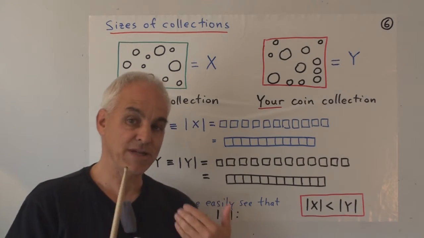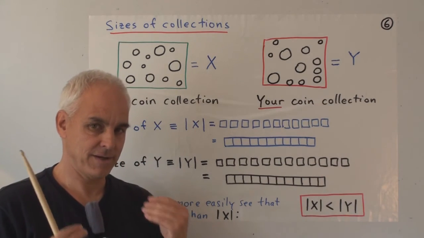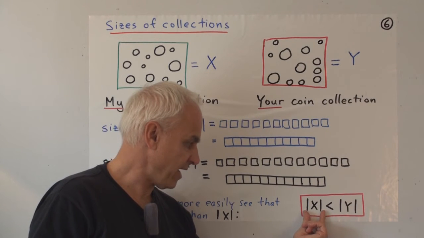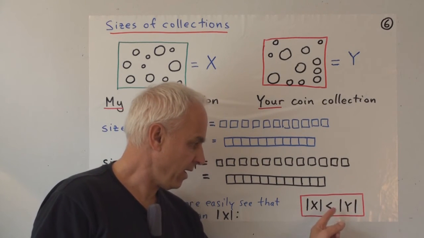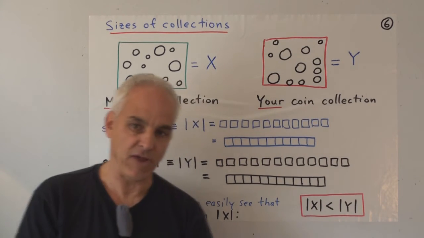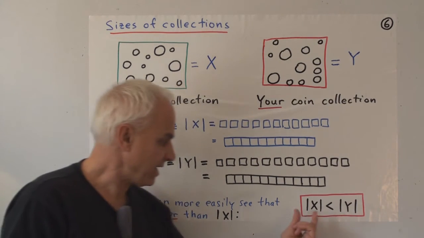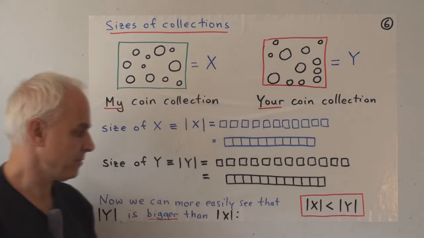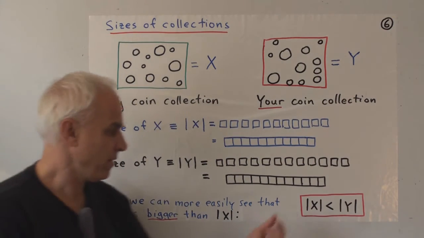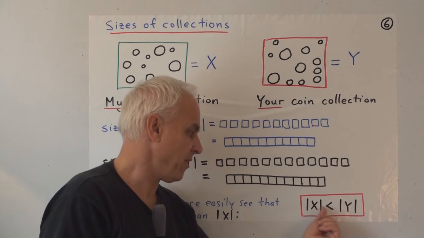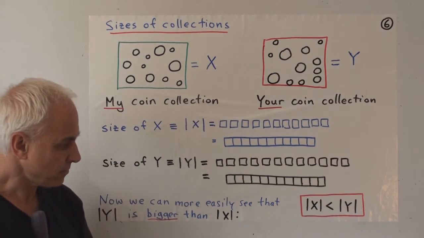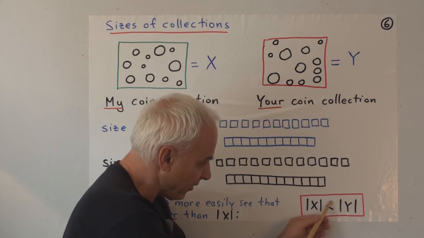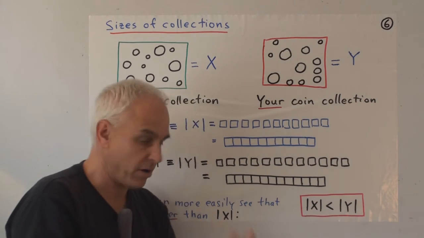And we're going to introduce some notation for that sentence. There's the size of X, there's the size of Y, and this symbol is going to represent the fact that the size of X is less than the size of Y, or that the size of Y is bigger than the size of X. So the pointy part, the small part of the symbol, points to the smaller number.